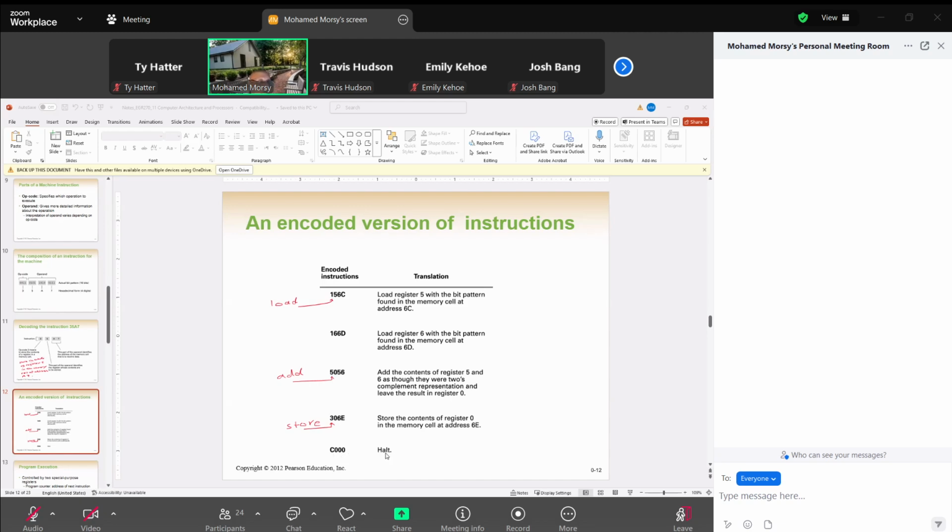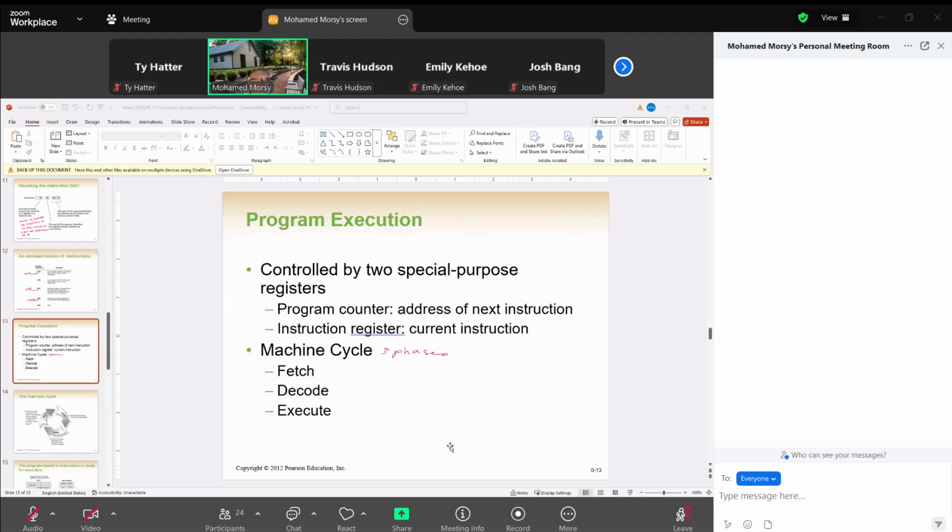And C00 means halt. Any questions so far?